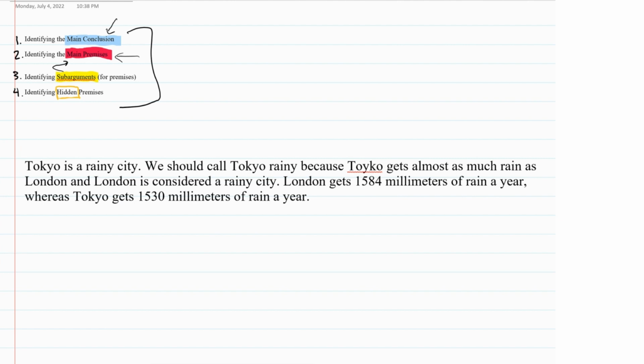Last but not least, we have to identify hidden premises. Hidden premises, if you recall from the tutorial, are premises that are not overt in the English argument, but are necessary to add to the argument to make it streamlined and valid in logical form, though not necessarily manifest in the English paragraph.